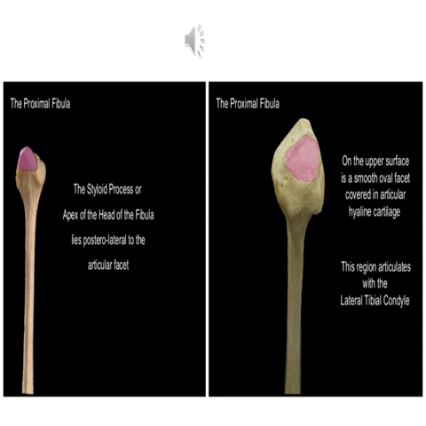In these two pictures, you can see the features of the upper end, the expanded head. You can see the marked areas. One is the styloid process, that is the apex of the head of fibula, which lies posterolateral to the articular facet. Then on the upper surface, there is a smooth oval facet covered in articular hyaline cartilage. This region articulates with the lateral tibial condyle.